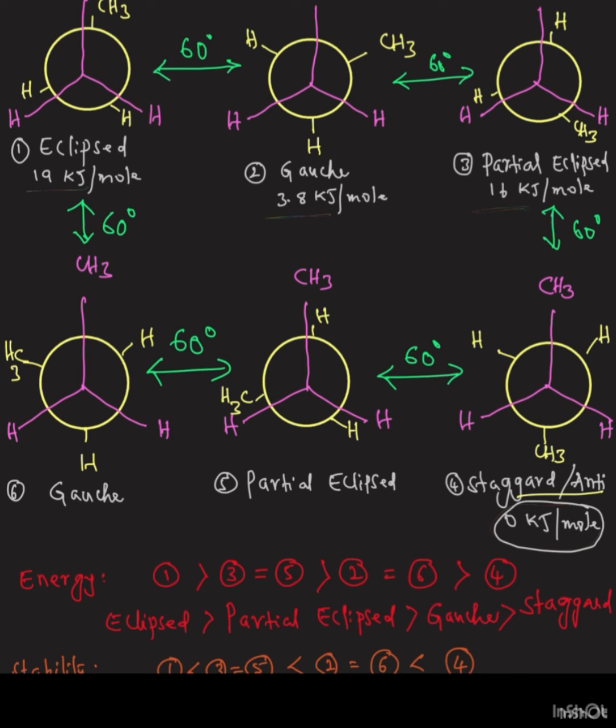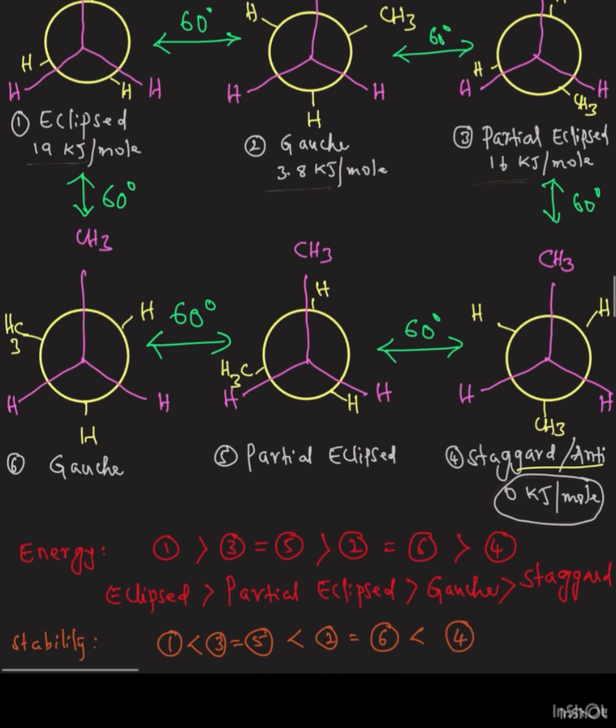Now among these conformers, what is the order of energy and stability? If you see here, the energy of the eclipsed is maximum, that is 19 kilojoules, which is highest among Gauche, partially eclipsed and staggered conformers.